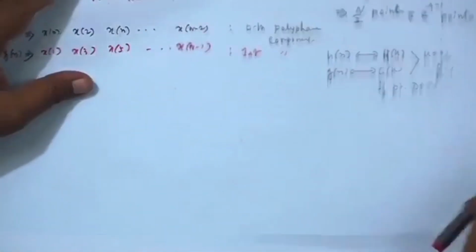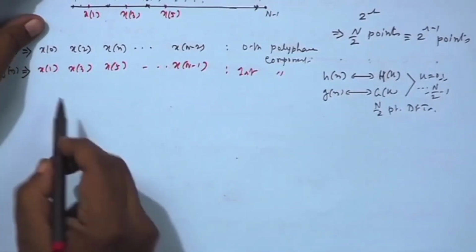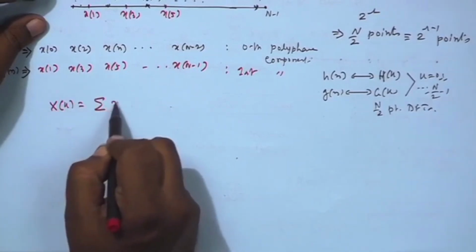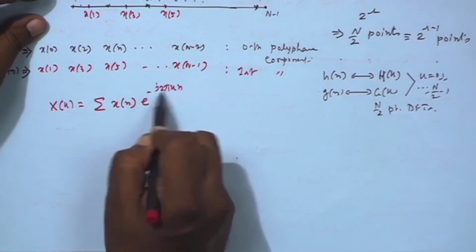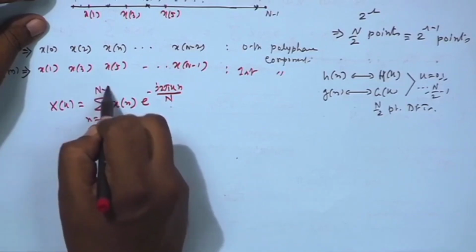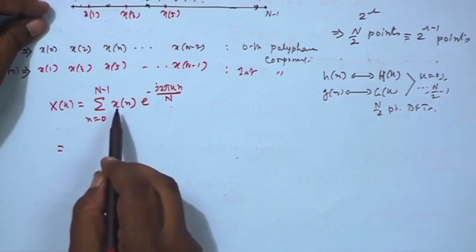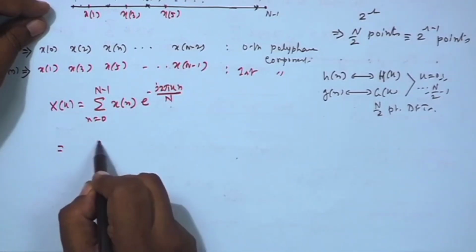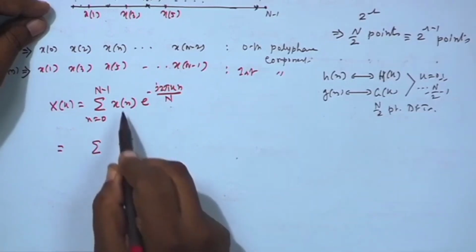Fine. Now, let us come to the original DFT. Here I will take the even part out, those terms I will write in one place, that is x n with n equal to 2r.